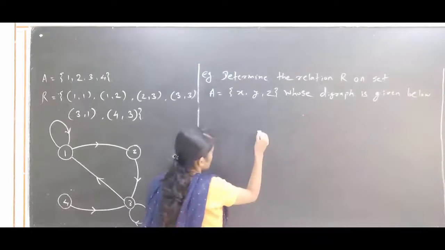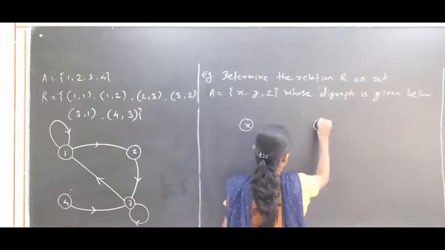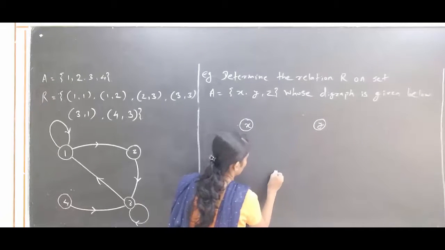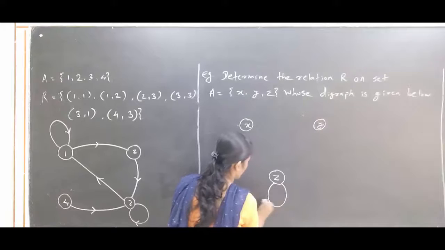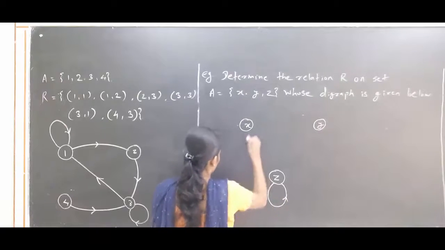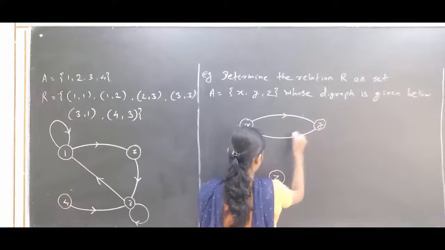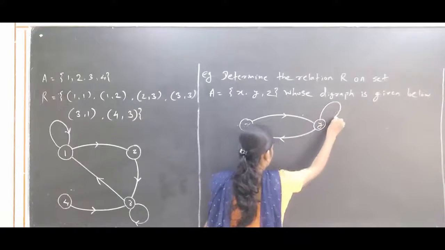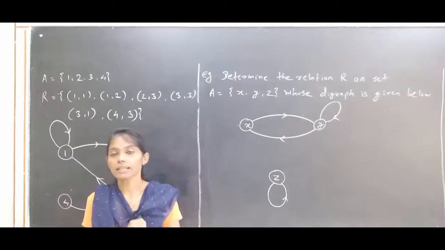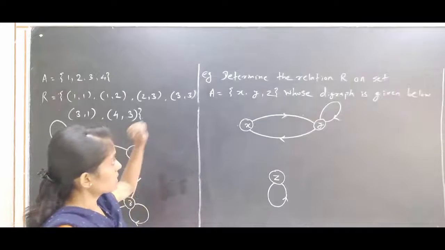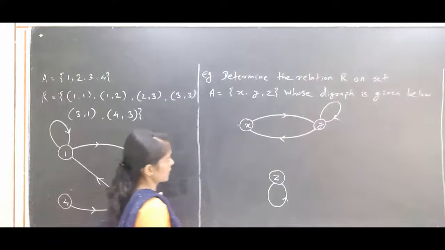So its digraph has X, Y, Z. We want to determine the relation R defined on set {X, Y, Z}, whose digraph is given below.